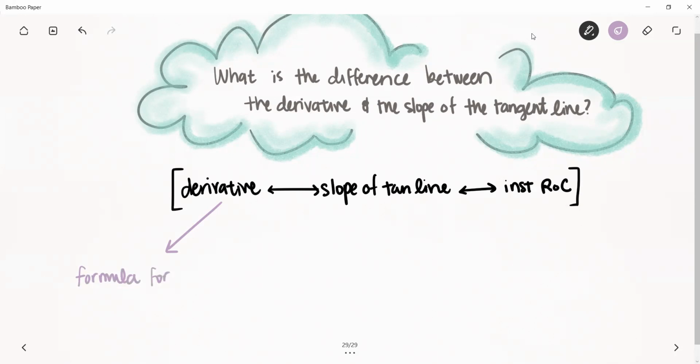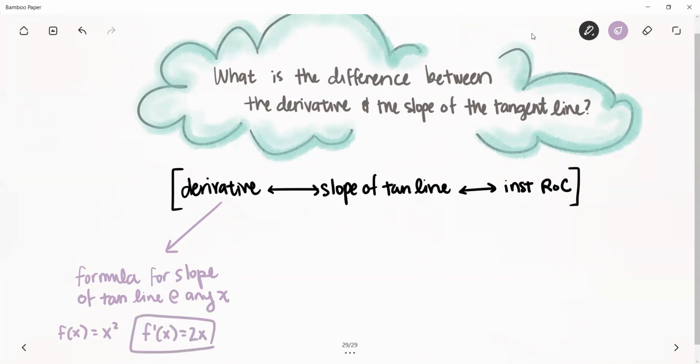And it means that you'll probably, in many cases, have an answer that still has a variable in it. So for example, if f of x is x squared, the derivative f prime is 2x, and you can leave it like that. You have found the derivative.